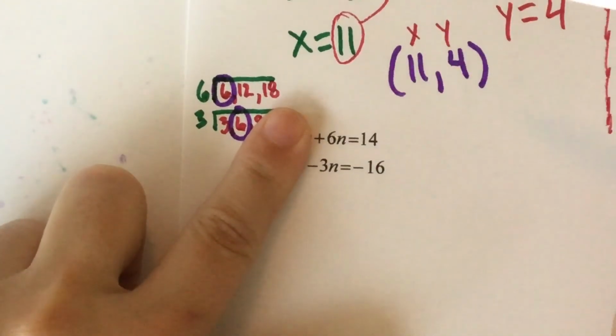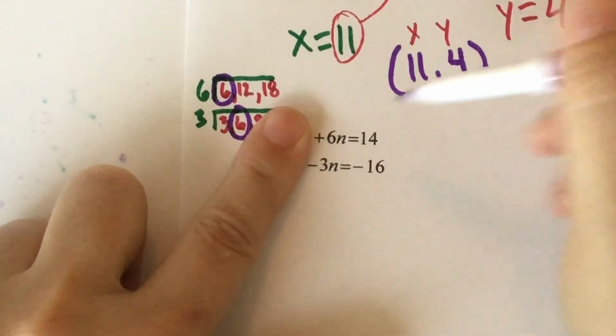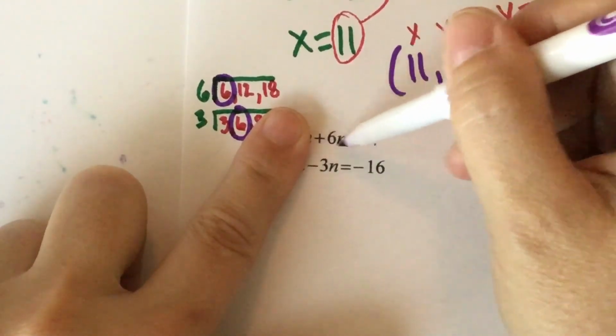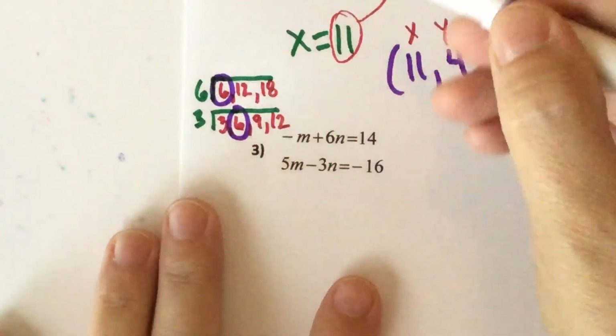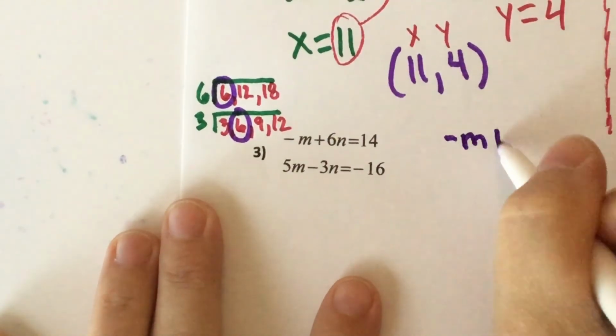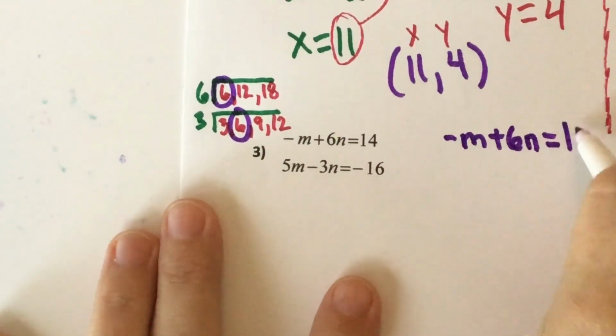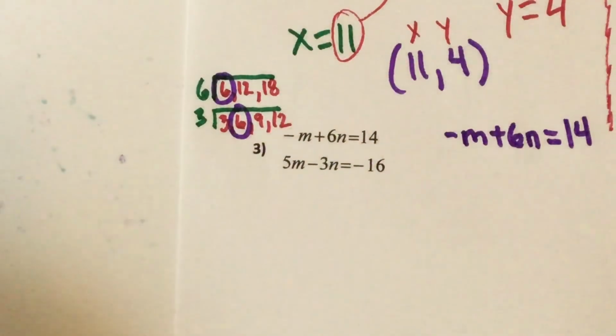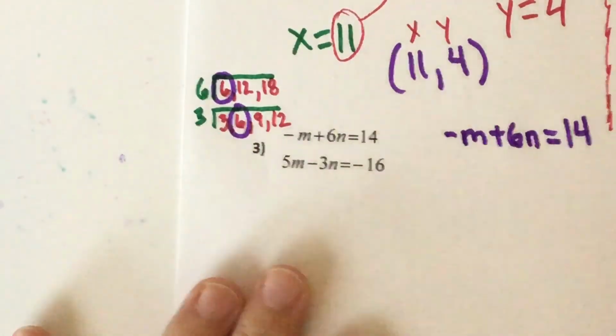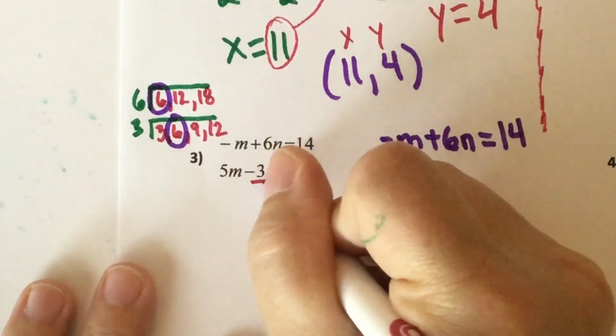But one needs to be positive and one needs to be negative. So do you see how the top equation's already a positive 6? So we're going to leave this equation alone. So let me just rewrite the top equation because I'm not going to do anything to it because it's already a positive 6. Now we need to turn the bottom equation into a negative 6.